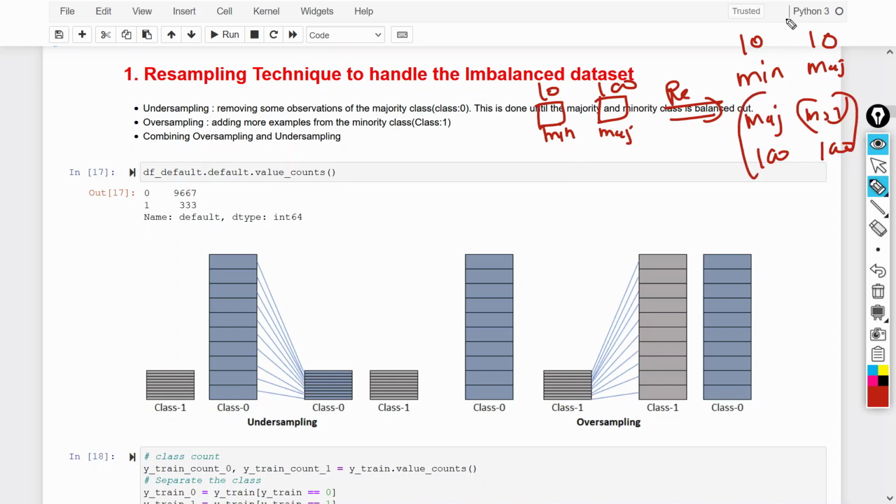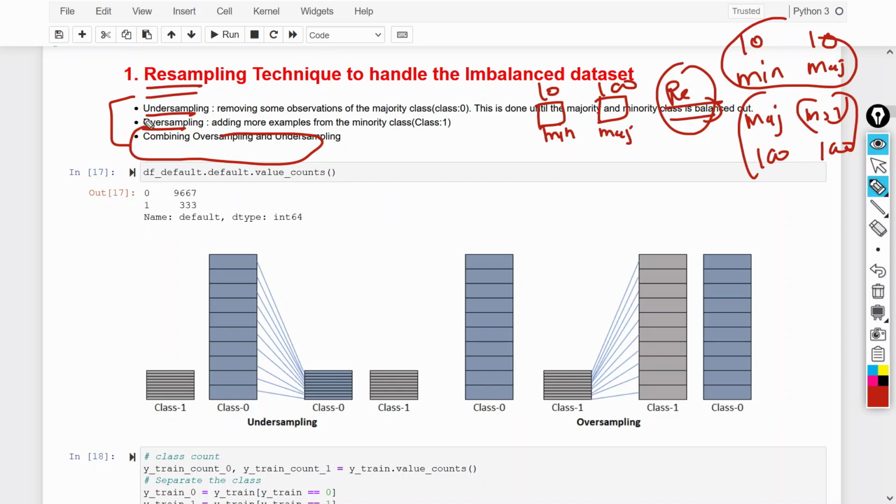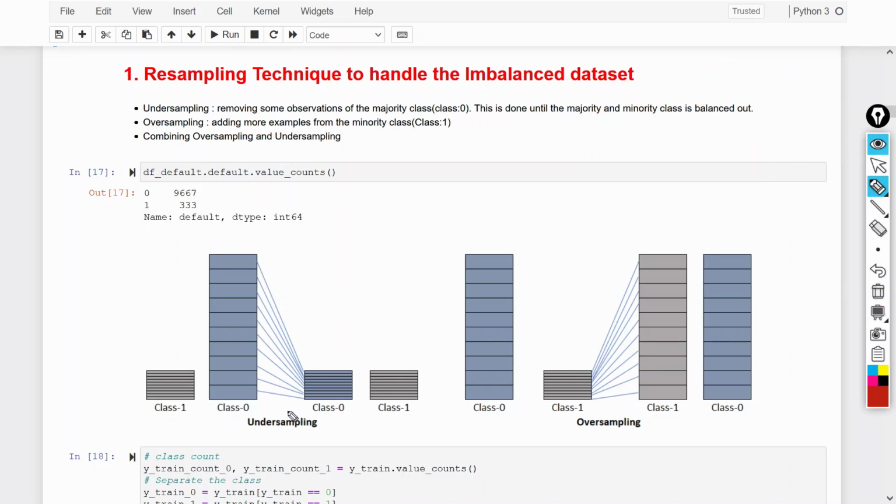So this way we use the sampling technique: undersampling, oversampling, and the combination of both. So resampling can be categorized in three terms: undersampling, oversampling, and a combination of oversampling and undersampling. In the undersampling, if you see here, this is the minority class, this is the majority class.